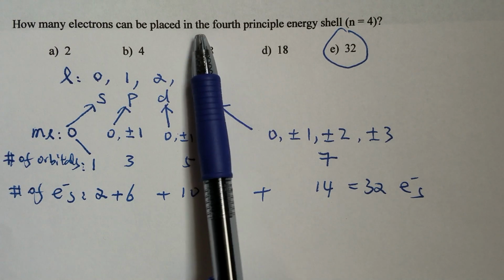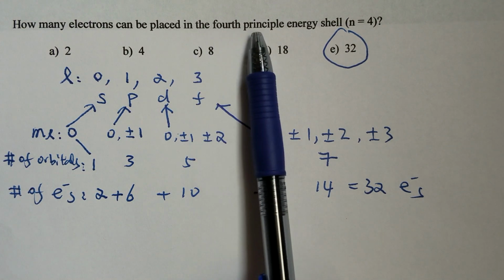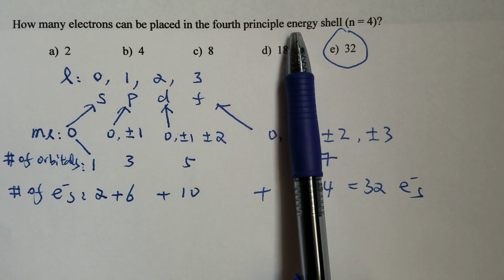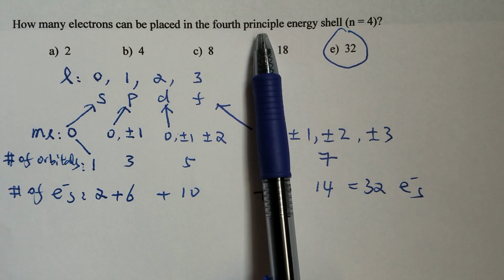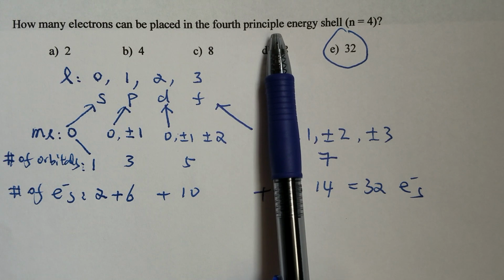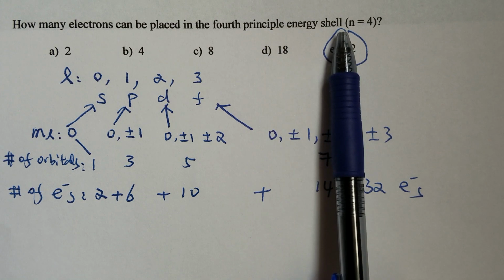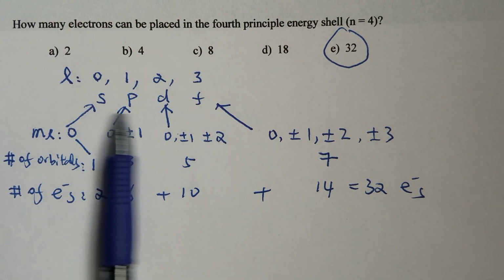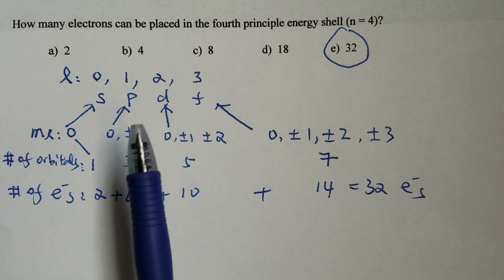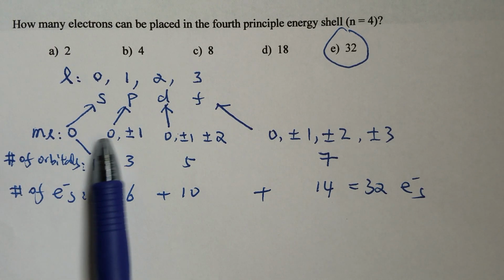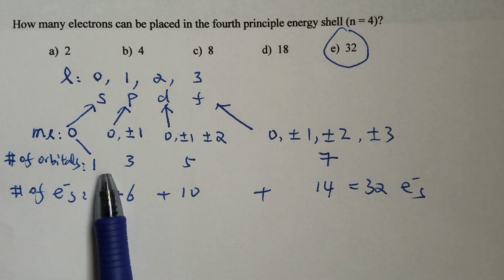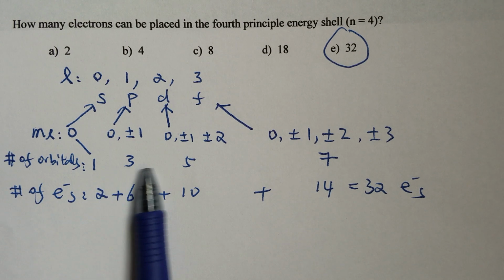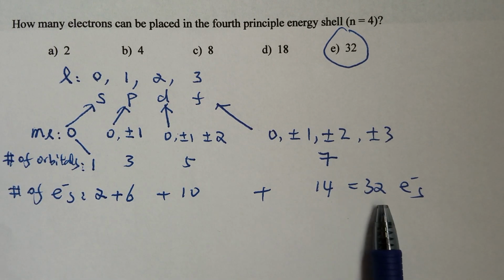But this one asks for all of the subshells contained in the fourth principal energy shell. So therefore, you have to work out all of those subshells, find out the number of ML values, then from there the number of orbitals, then times 2 is the number of electrons. Okay, that's it.